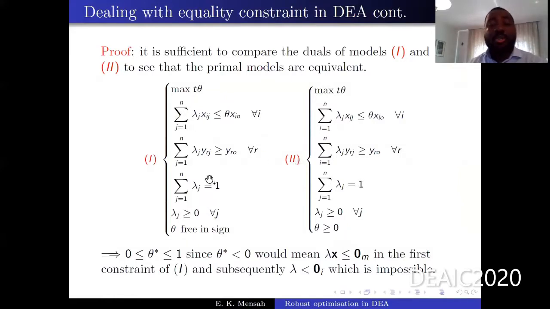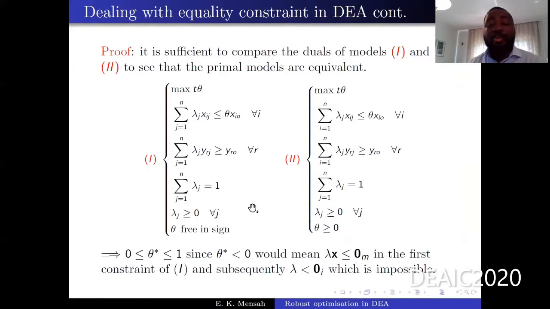And when you compare these two models, the only way this model become feasible is when this theta assumes only non-negative variables. It means that theta cannot be negative. And when theta is greater than or equal to 0, then we have these two models to be equal.